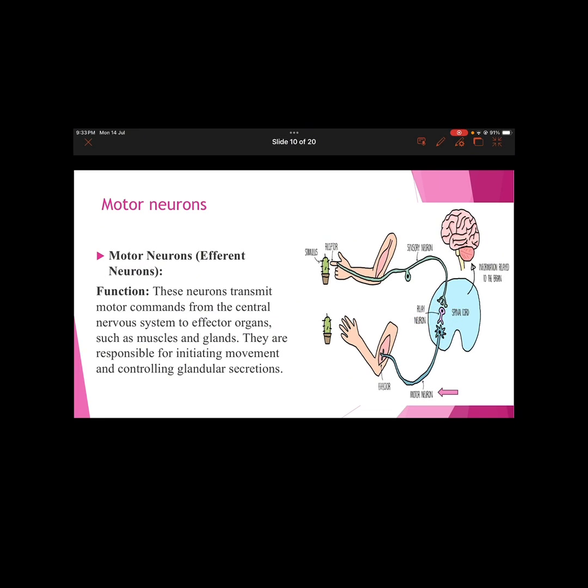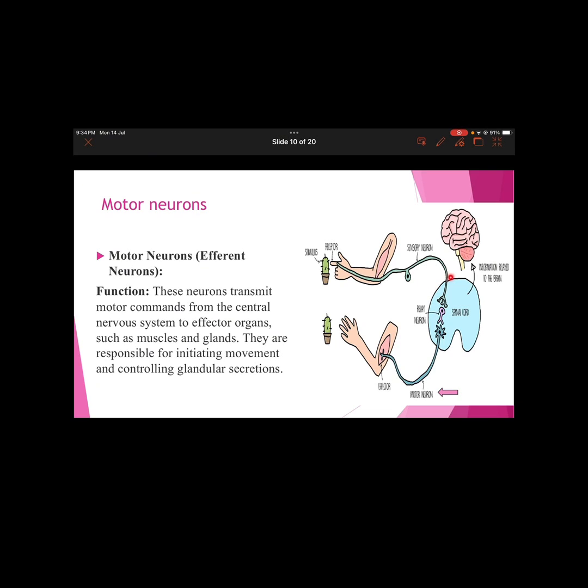Why is this called a reflex, and why does this reflex receive a command from the spinal cord and not from the brain? Because imagine this person is in pain. The pain will be transmitted through the sensory neuron, and then for the pain to reach the brain, for the person to feel that he is in pain, and then the brain should decide that there is pain and that I should react to this pain and remove my hand.